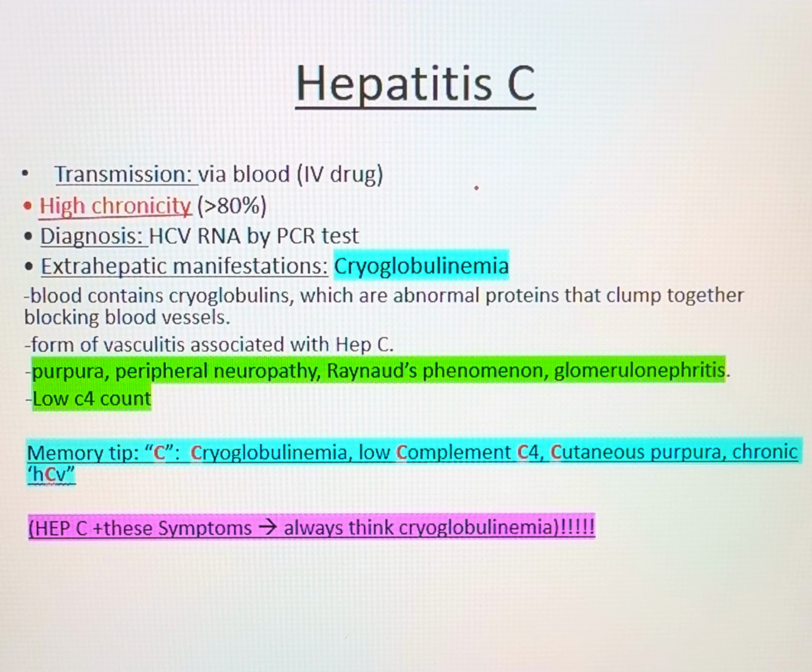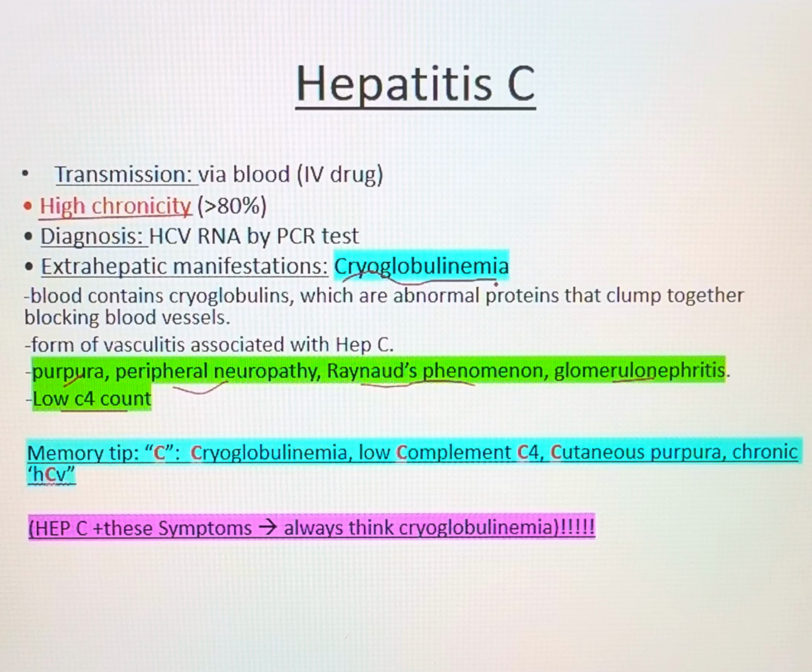The most important point about hepatitis C is that it has extrahepatic manifestations like hepatitis B. So if you see a patient in a case question diagnosed with hepatitis C, and the patient has purpura, peripheral neuropathy, Raynaud's phenomenon, glomerulonephritis, and a low C4 count, please suspect cryoglobulinemia.